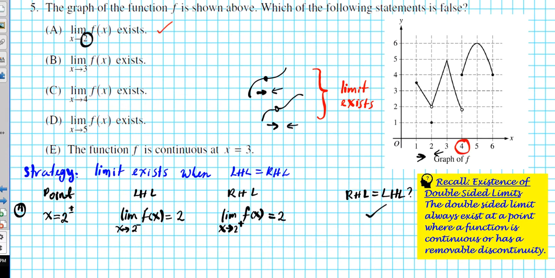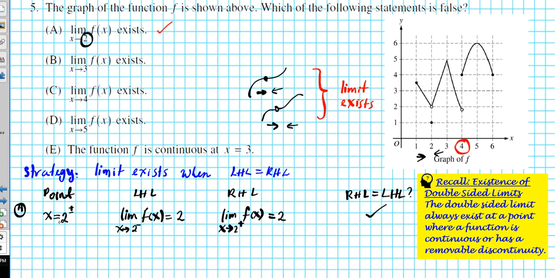Take a look at option 4. We do not have a continuous function or a removable discontinuity there. We have a jump discontinuity, which automatically means the limit will not exist, and the answer will be option C. Okay, but let's go ahead and just show you the rest.